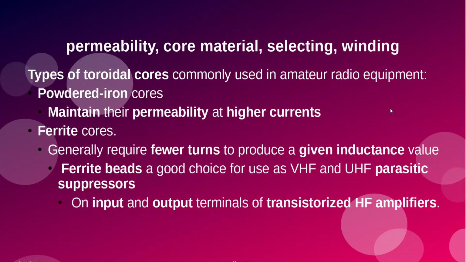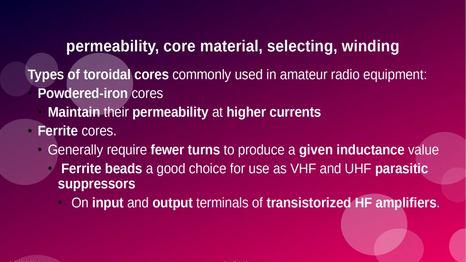I mentioned sometimes you use powder iron cores, particularly for high current devices and some transformers, because their permeability doesn't change as much with temperature. As you get more and more power, you get heating in the core material. And in the case of a ferrite core, if you get it up to the Curie temperature, it never recovers.